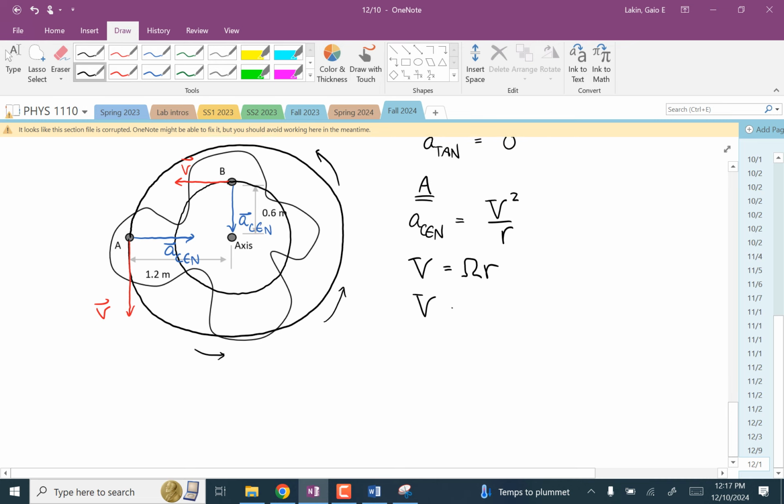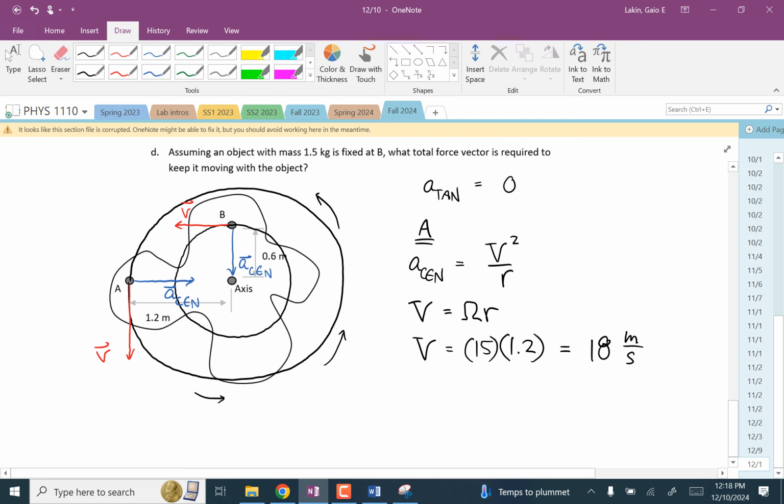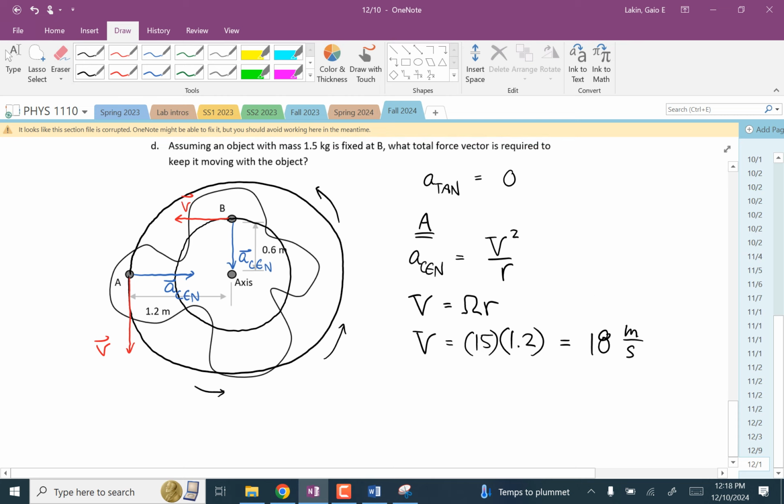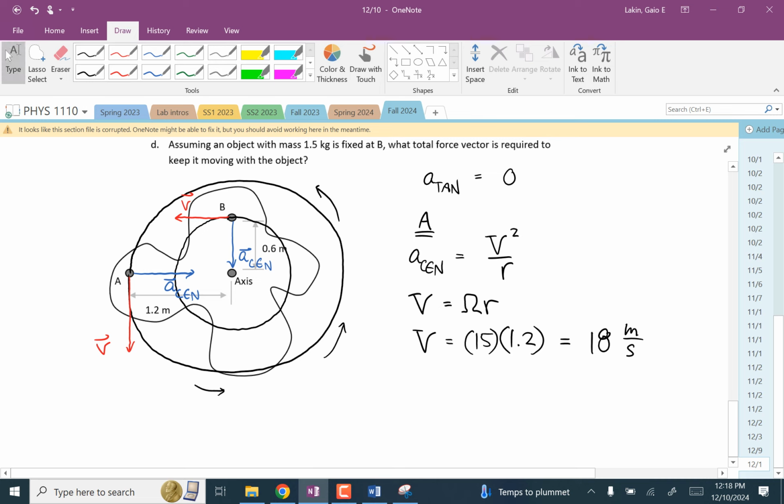And so V is equal to 15, that's the absolute value of the angular velocity, times 1.2. So the velocity is 18 meters per second. Is that right? Yes.